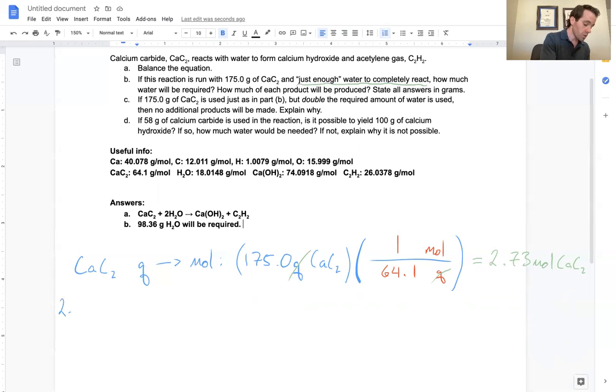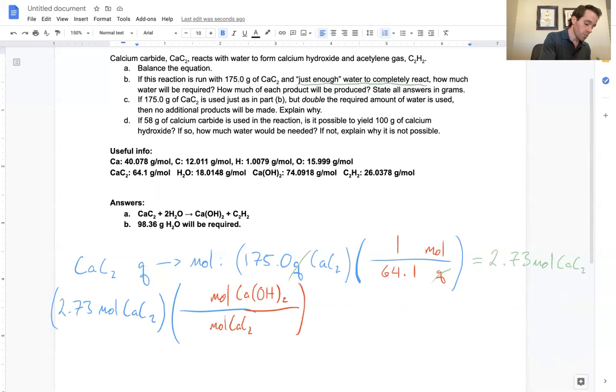So 2.73 moles of calcium carbide is going to now get multiplied by another conversion factor. I want moles of calcium carbide to go away, so that goes on the bottom. Moles of, let me see, I'll do the calcium hydroxide. And the equation tells me that these happen in a 1-to-1 ratio.